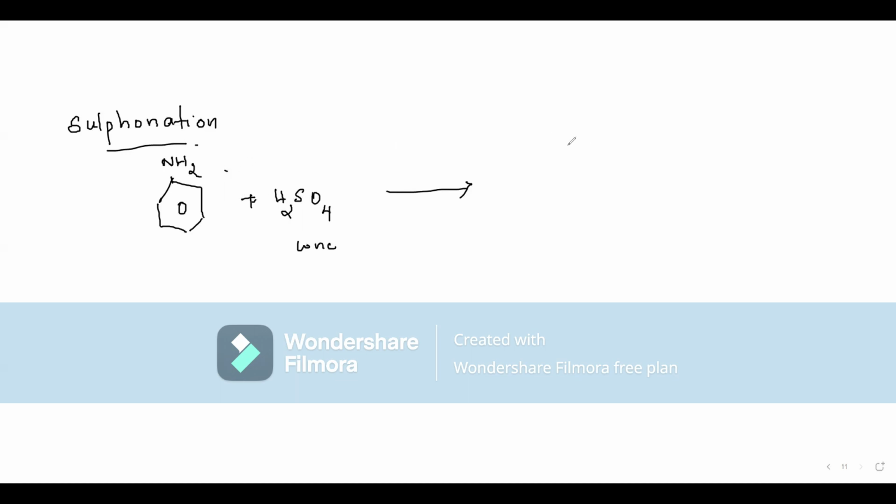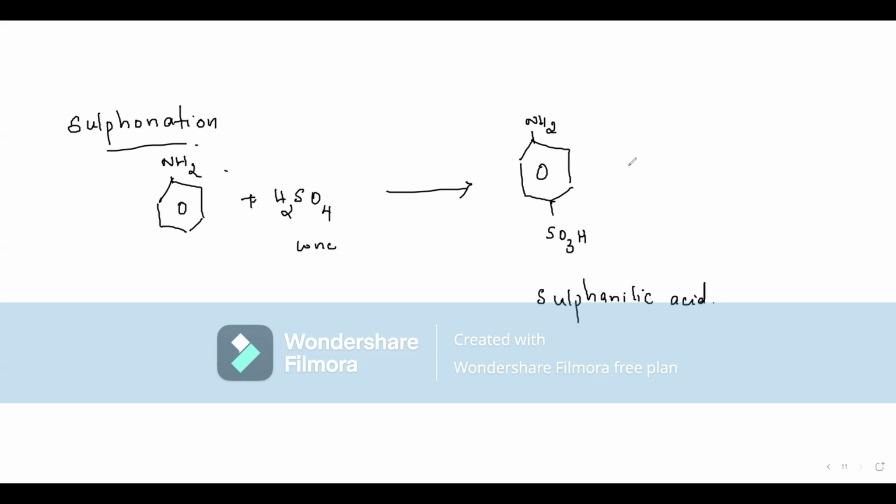And what you get here is NH2 and SO3H. This is called sulfanilic acid. Sulfanilic acid will be the product.